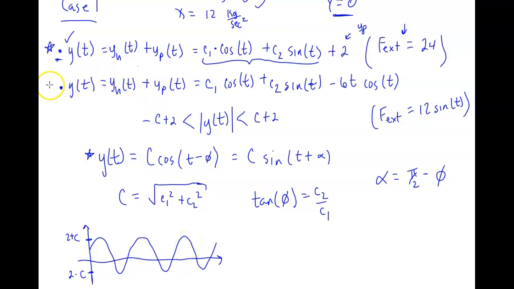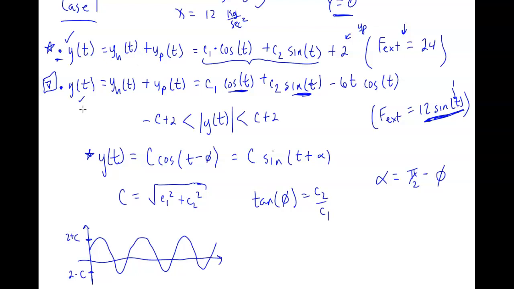In the case of this response, where we add an oscillatory external force to our system, the frequency at which this particular function oscillates, and since this is sine t, we know we have an understood 1 in there, and of course from an angular frequency perspective, it's going to be 1 radian per second. And notice that for the homogeneous portion of this particular response, we still have the same 1s in there.